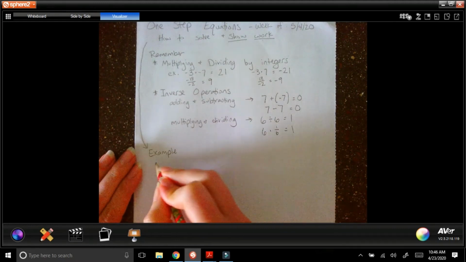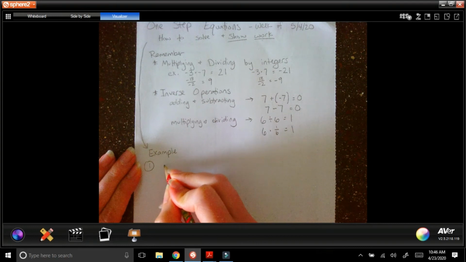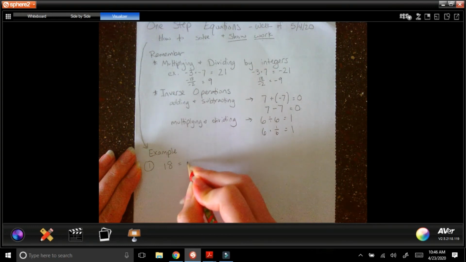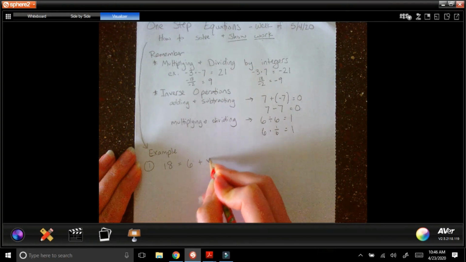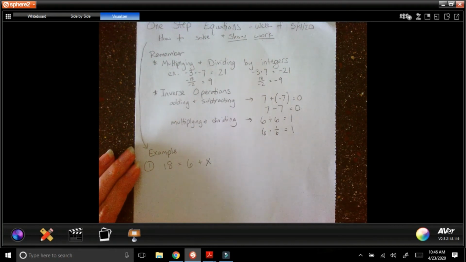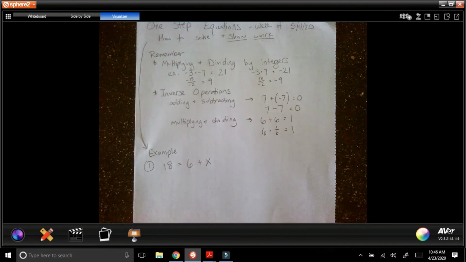The first example is, let's say we have 18 equals 6 plus x, some number that we don't know. Again, some of you guys might be able to just think about this. 6 plus what number equals 18? If you're not quite sure, you can always go ahead and show your work.